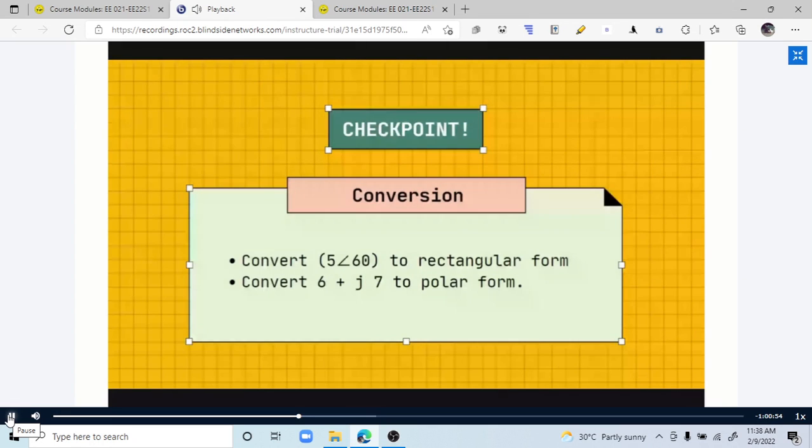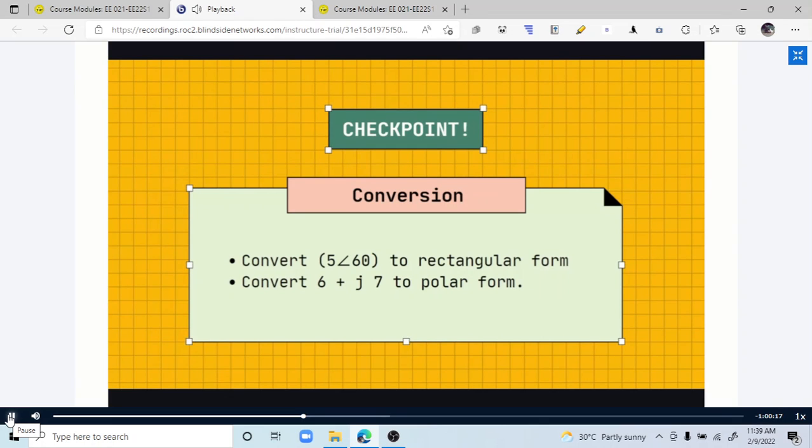What would be the rectangular equivalent of 4 angle 65? What would be the rectangular form? Okay, very good. So that is 1.69 plus 3.63i, or we can actually write it as 1.69 plus j 3.63.